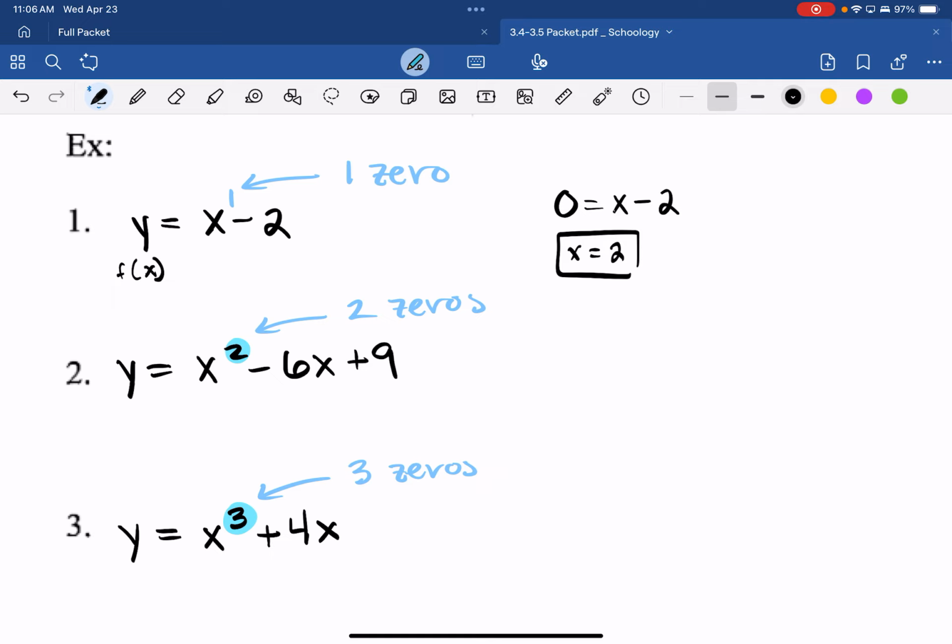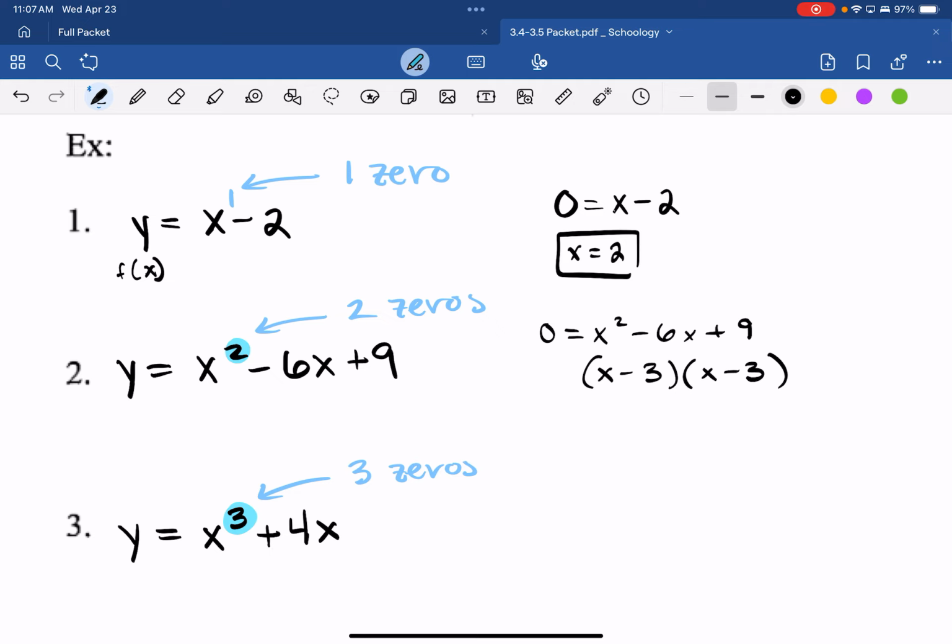Number 2 shows me an example where my leading term has an exponent of 2, telling me I have 2 zeros. So if we were to actually solve this, we plug that 0 in for y. This is one that I would factor. It's going to factor like this.